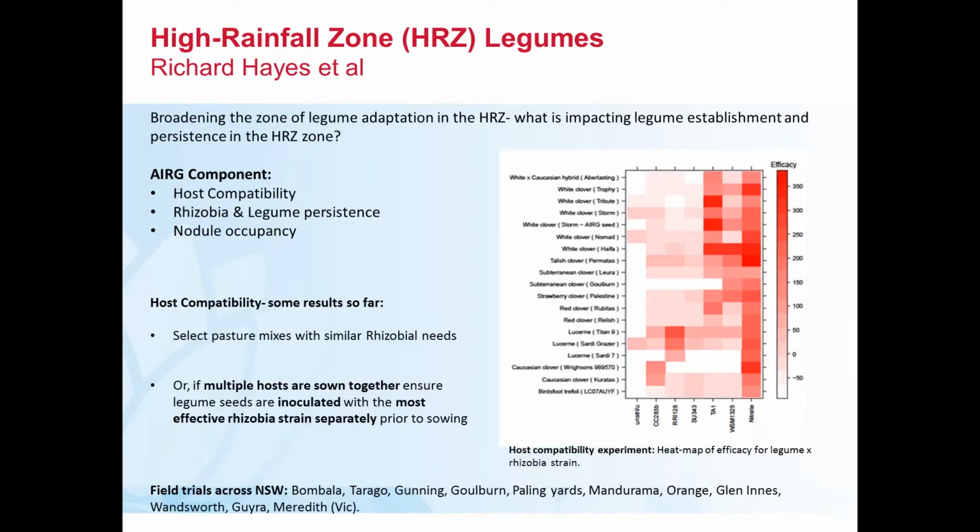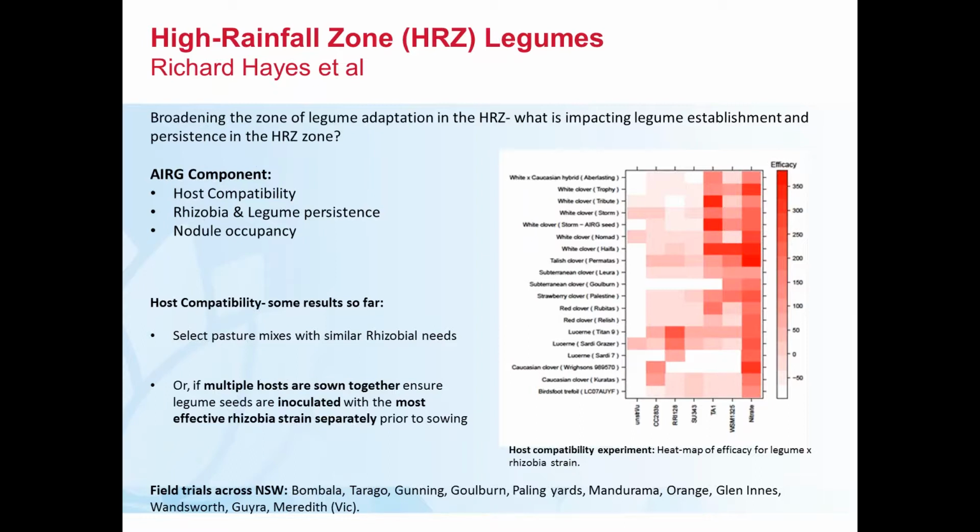If you look at the white clover, this is white clover inoculated with both the recommended commercial strain and then the strains of other pasture species that are likely to be sown in a mix. For example, the clover will form nodules with the recommended commercial strain, and that is the most effective. But it will also produce nodules that are less effective with many of the other commercial strains.